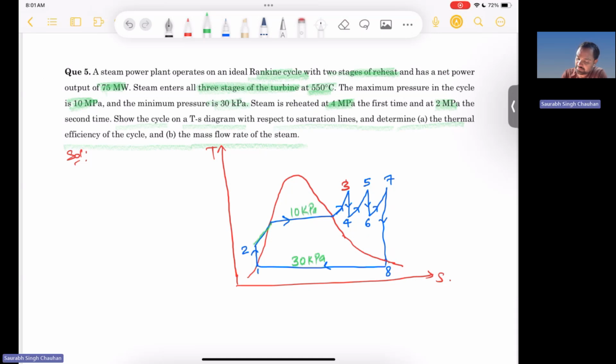Okay, so this is maximum pressure. Then 5 to 4, it is 4 megapascal, first reheat, and the second reheat is 2 megapascal. Okay, so this is the TS diagram.